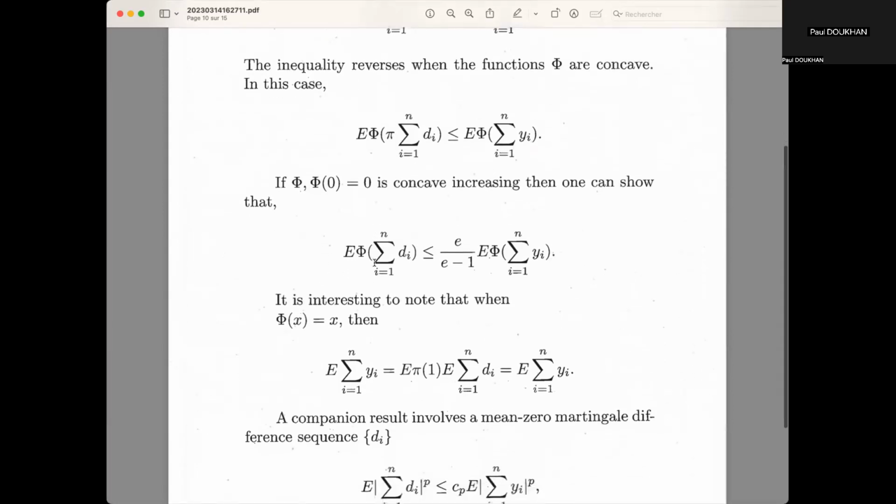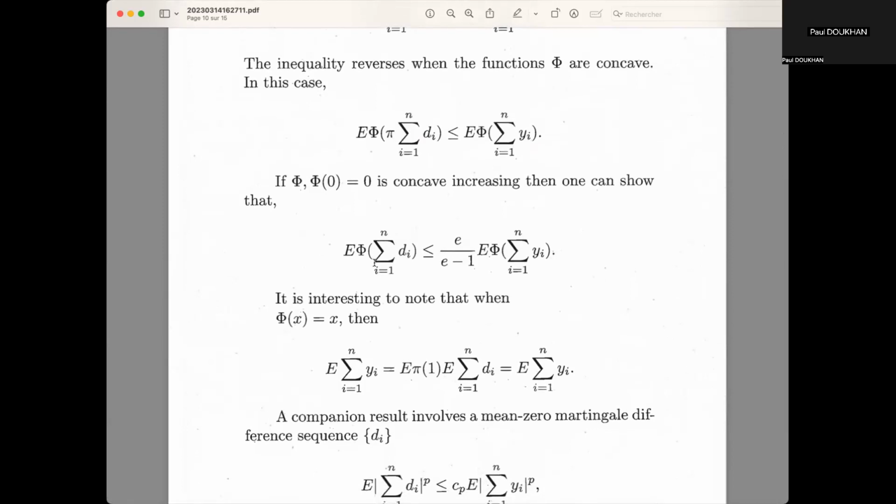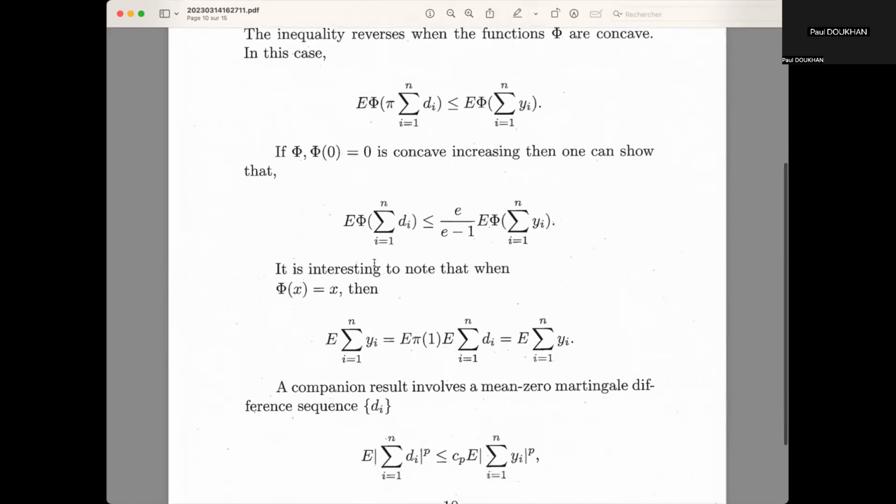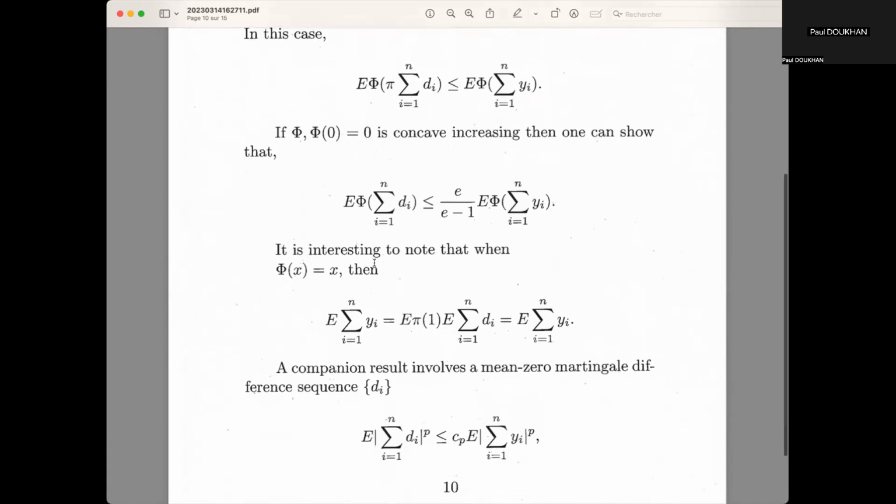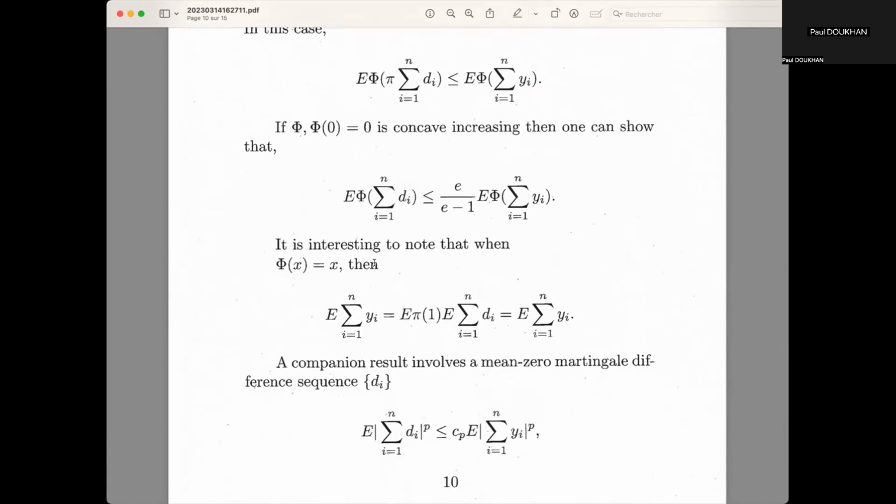Now notice that if phi of x is equal to x, it is both convex and concave, then the expected value of the sum of the y_i's is equal to the expected value of pi, which is 1, times the expected value of the sum of the d_i's, and they end up being the same.